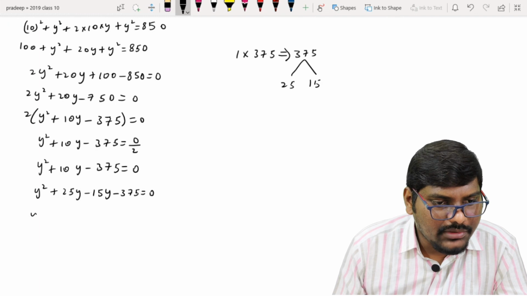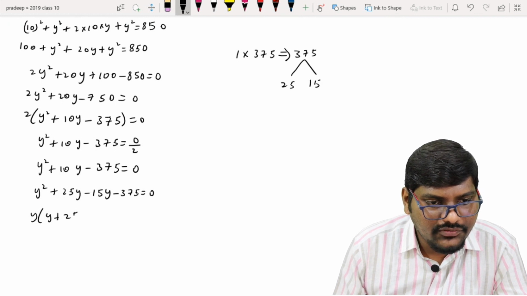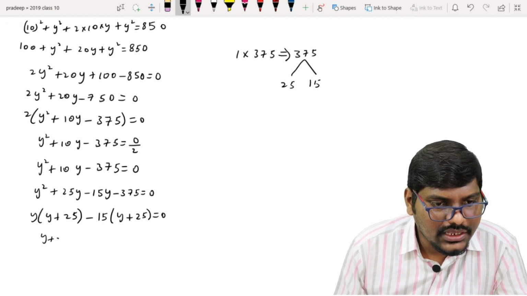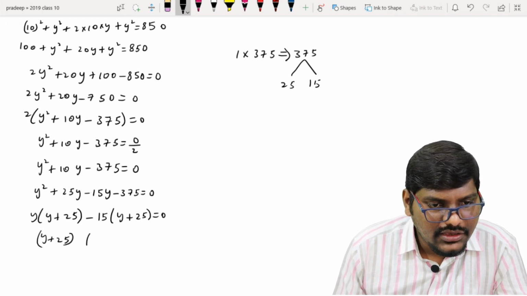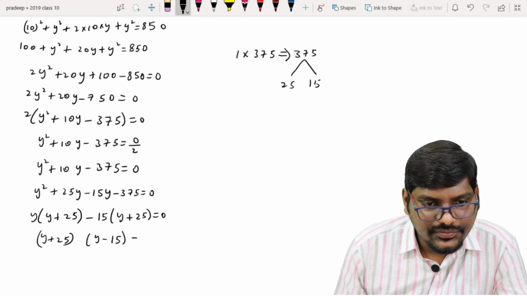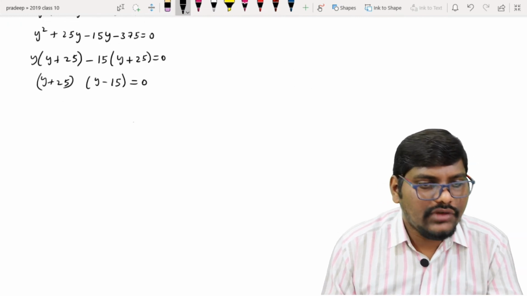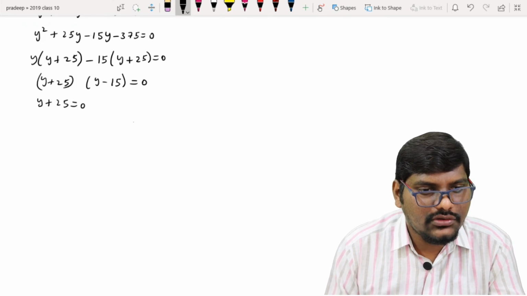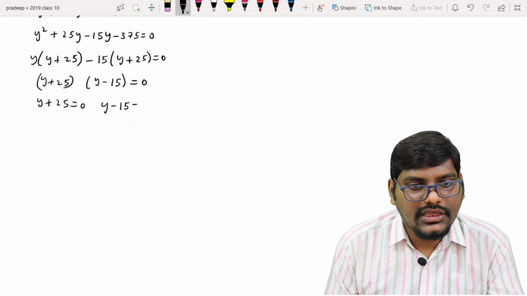So we can take y common here, so y plus 25. You can take minus 15 common here, so y plus 25, 15 into 25 is 375. So here we can take y plus 25 as the common again, so y plus 25, y minus 15. This we got, so we can take y plus 25 equal to 0, y minus 15 equal to 0.